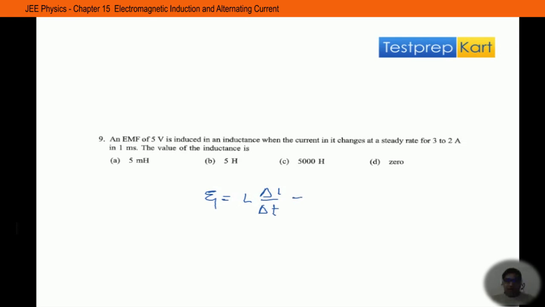Okay, so L is equals to EMF, that is 5, into change in time, that is 1 millisecond, so we can write 1 into 10 to power minus 3, and divide, current is changing from 3 to 2, so change in magnitude is 1. 3 minus 2 is equals to 1. Okay, so from here we'll get L equals to 5 into 10 to power minus 3, so this is 5 millihenry. So option A is right for question number 9.